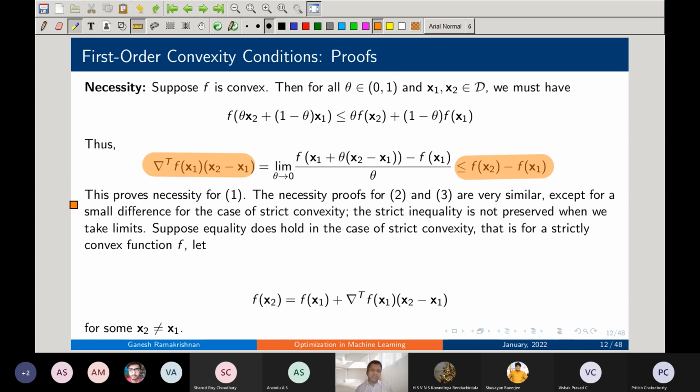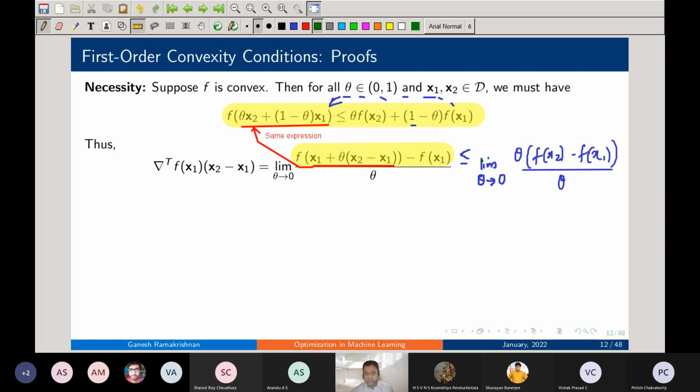So necessity proofs for 2 and 3 are very similar. The strict inequality is not preserved when we take limits. This is very important. Now we'll have to work a little hard for this. The tricky case is not strong convexity but strict convexity. When we take the limits here, in the previous slide when I said limit theta tends to 0, I just boldly put this less than or equal to, because it was a less than or equal to.